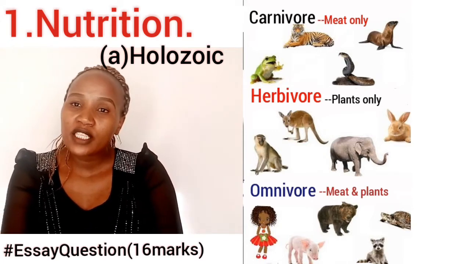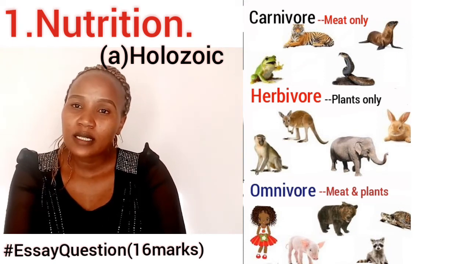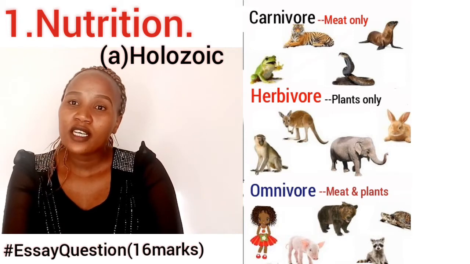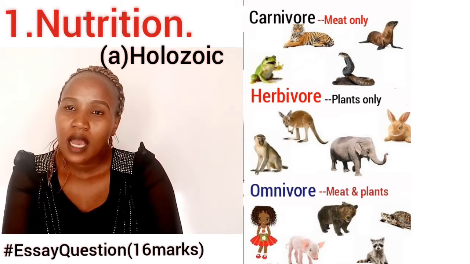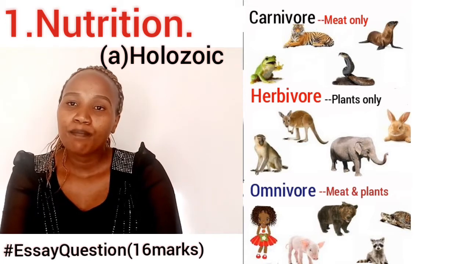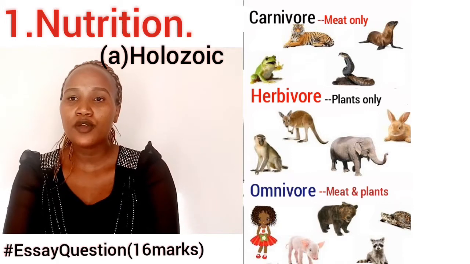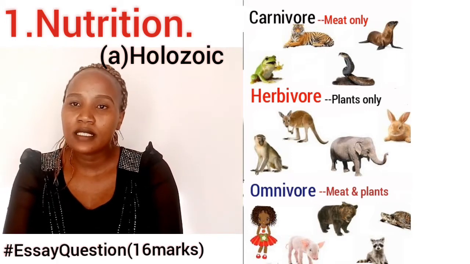This group comprises carnivores that feed on flesh, herbivores that feed on plants, and omnivores that feed on both plants and animals, and examples of these organisms are human beings and pigs.